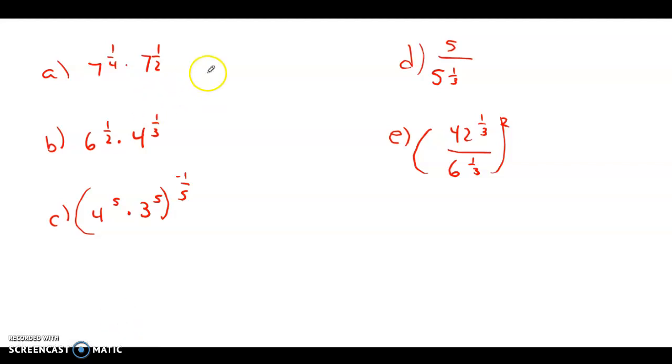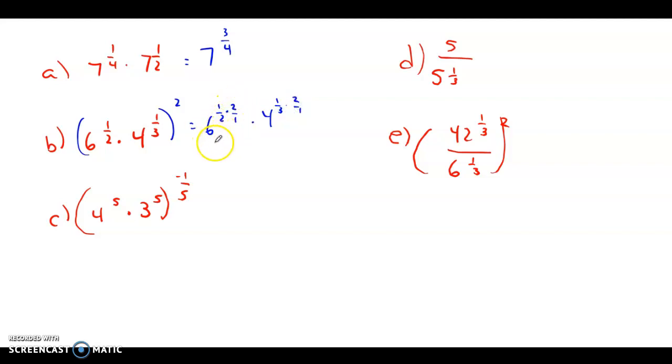Let's do A. It's the same base, and you're multiplying, so you're going to add the exponents. So it's going to be 1/4 plus 1/2. That's 3/4, and we cannot simplify that any further. Here, actually, this is supposed to be all to the 2nd power. So this is going to be 6 to the 1/2 times 2 over 1, times 4 to the 1/3 times 2 over 1.